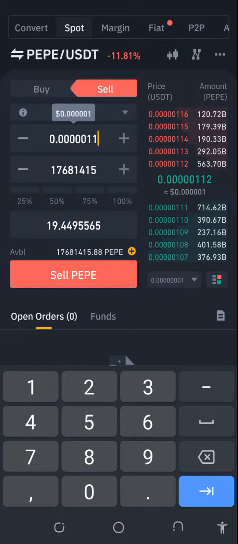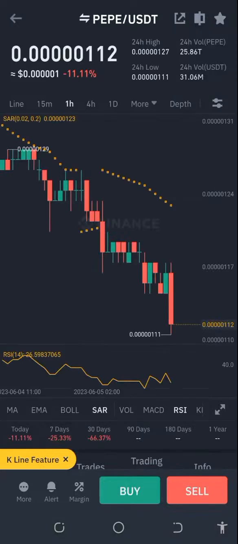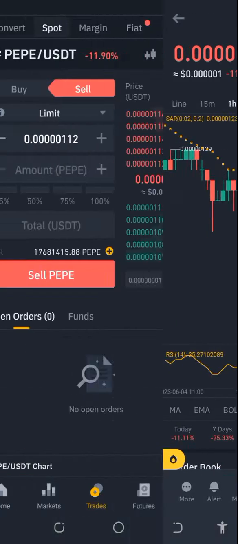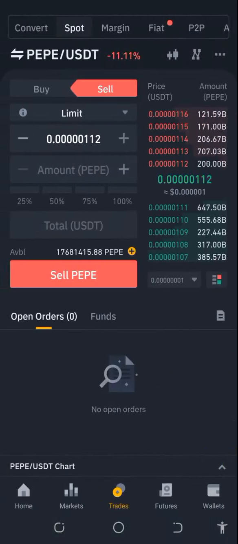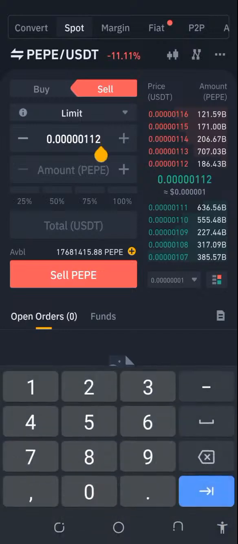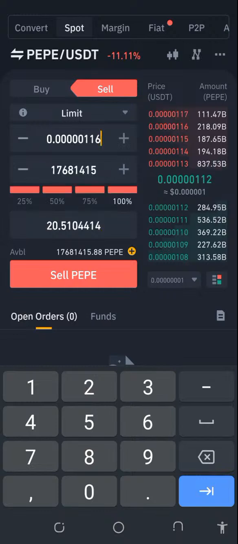What if I change this to 116? Oh, it's going to go to 20.51. Wow, so this is at 20.51. I think this is going to go up so soon? I'm not sure. It's still deep in, but I'm just going to try this out and see. Let's leave it at 116 for now. This looks a bit funny, but I'm just going to go with it.